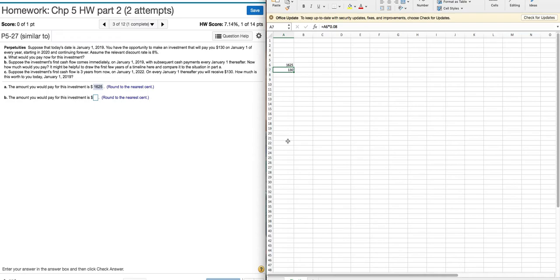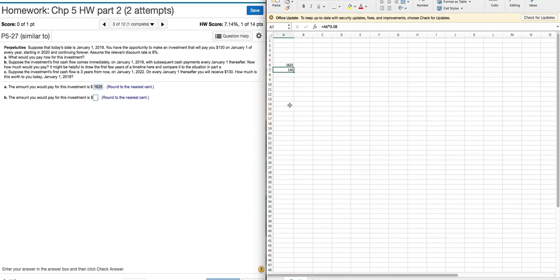Okay, so for part B, we are assuming that the first cash flow comes immediately, and then we get subsequent cash payments every January 1 thereafter. So how much would we pay in this scenario?